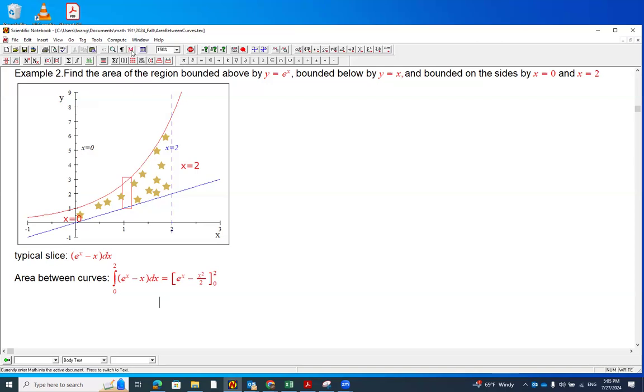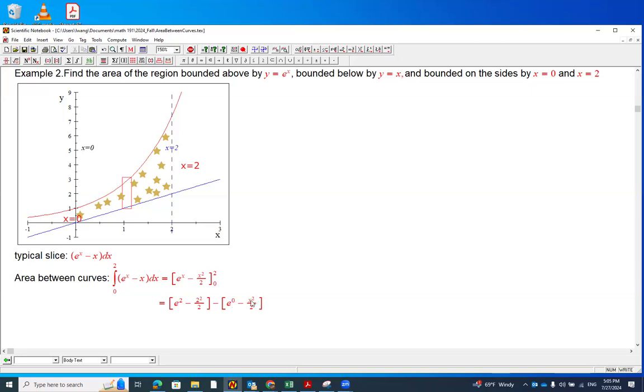We substitute. Okay, we got capital, subtracting. One is x equals 2, and the other one is 0.